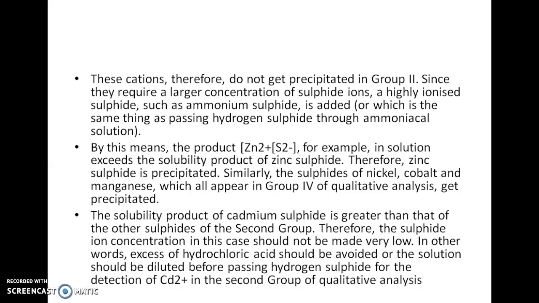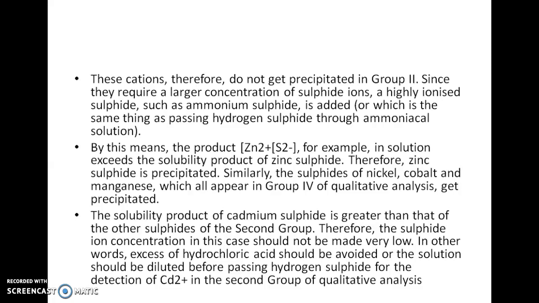Same thing as passing hydrogen sulfide through ammoniacal solution. Since the product of Zn 2 plus and S2 minus, for example, in the solution exceeds the solubility product of zinc sulfide, therefore zinc sulfide is precipitated.